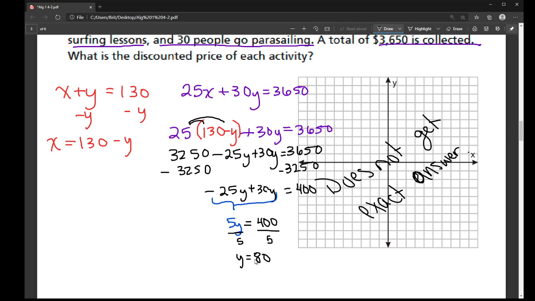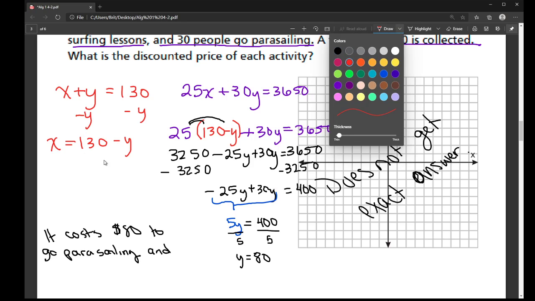So remember, the y is the parasailing. So I'm going to say it costs $80 to go parasailing. And now I need to figure out how much for surfing.